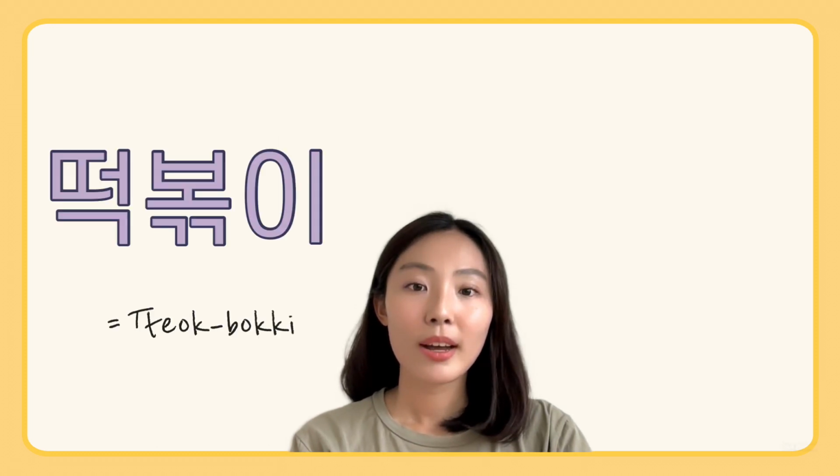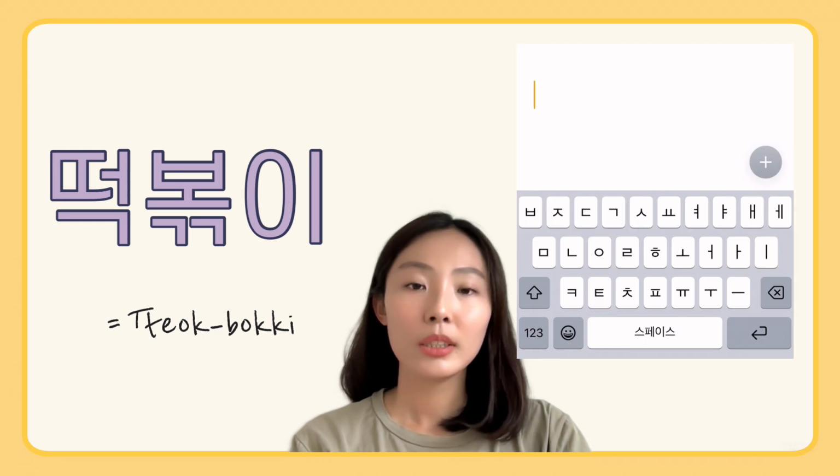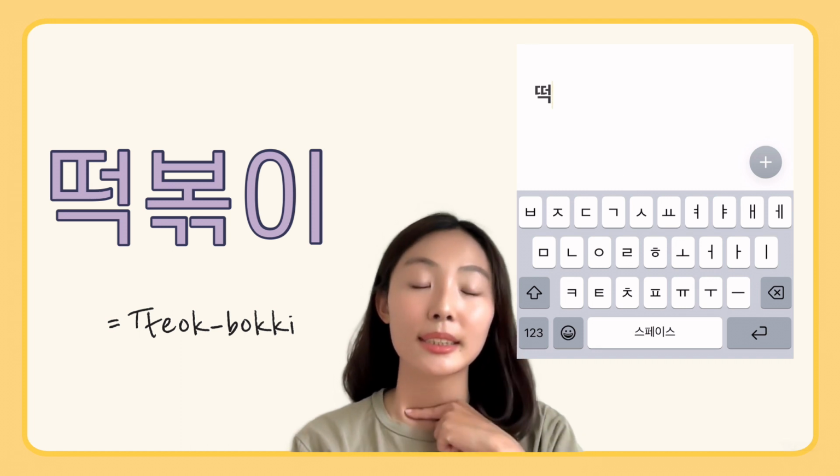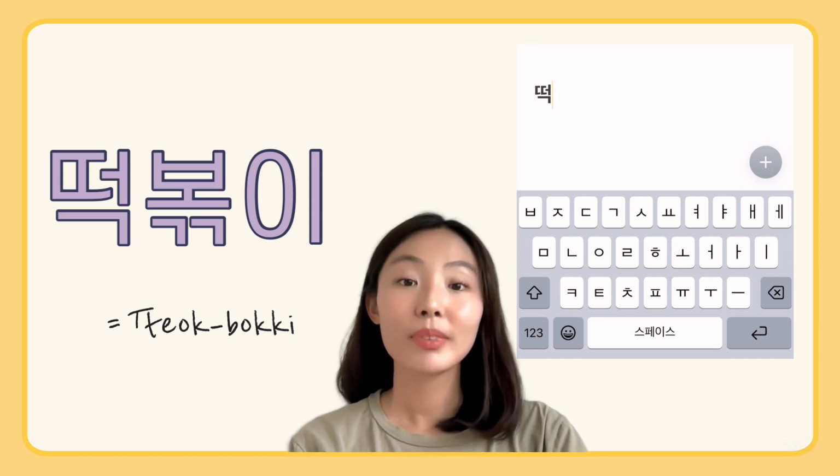Oh, this time we have a double consonant, so press shift. There you can find the 드 consonant, and then 어, 읍, 받침, 떡.